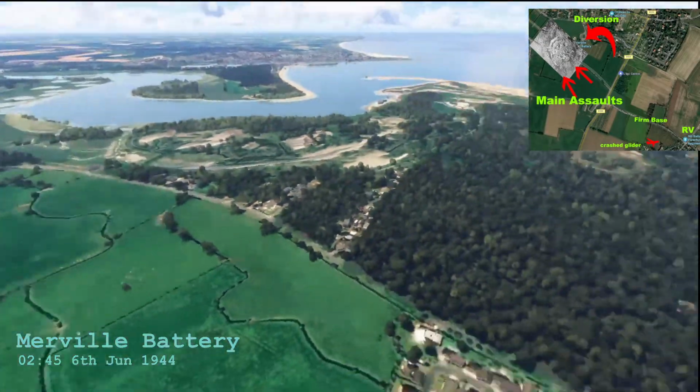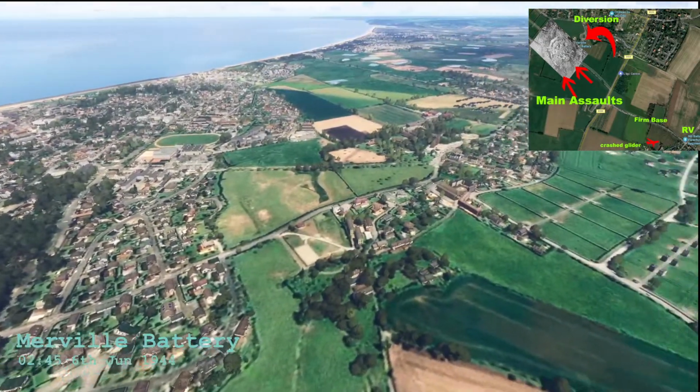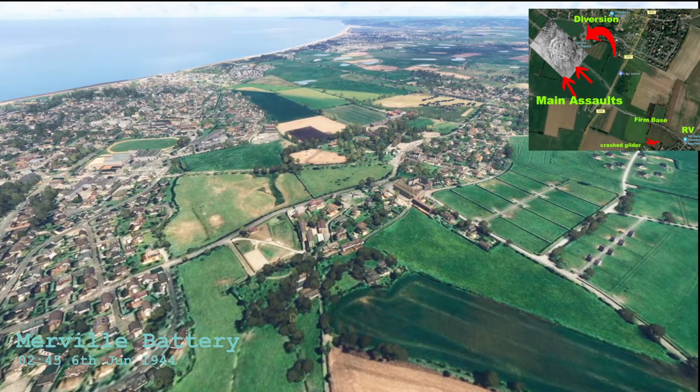He decides to give the job of attacking the battery to Major Dyer. He was to lead the assault with his C Company.